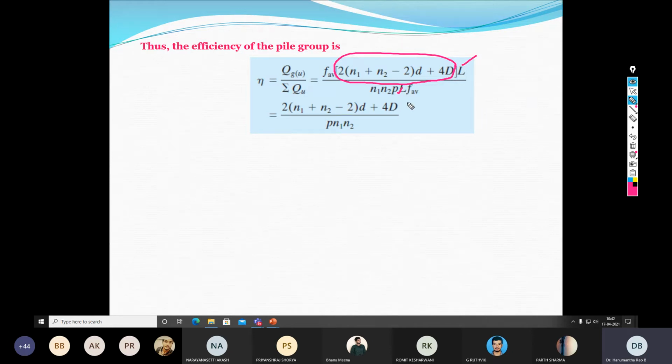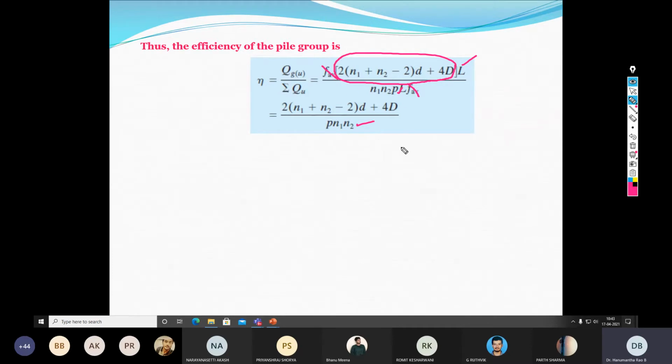The unit skin friction can also be assumed similar because the soil remains the same. So F average remains the same, and the remaining term is the perimeter of the pile group divided by the perimeter of the individual pile. This is how you can do the simplification.